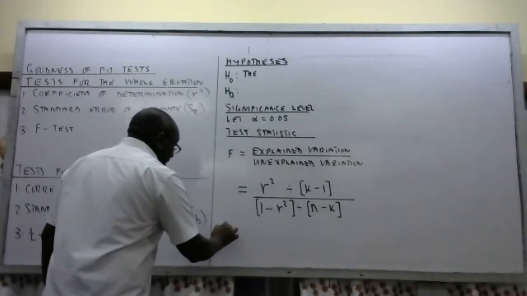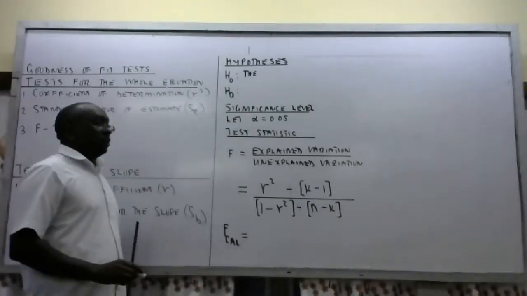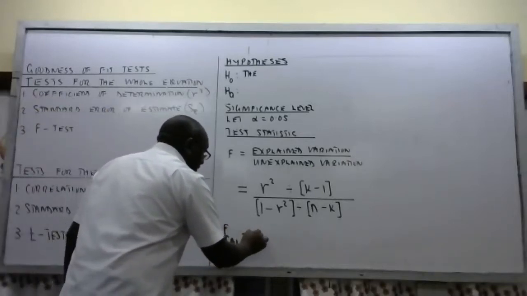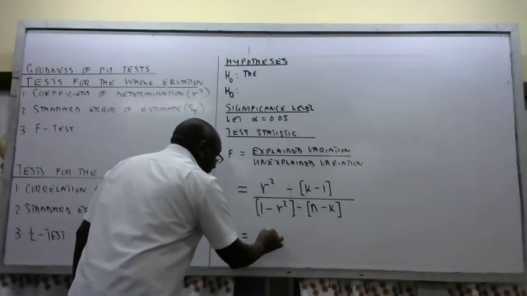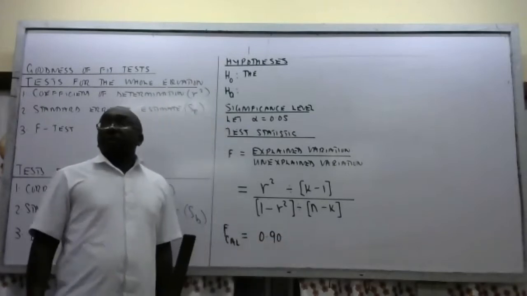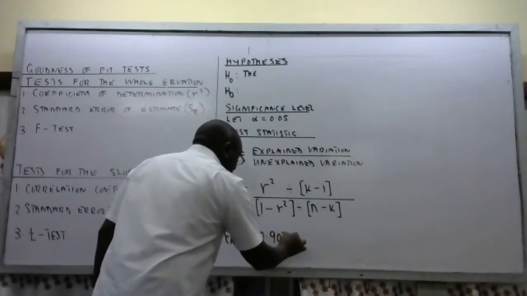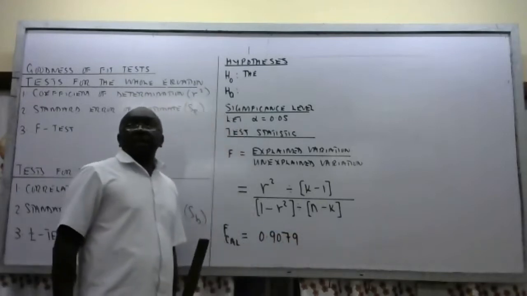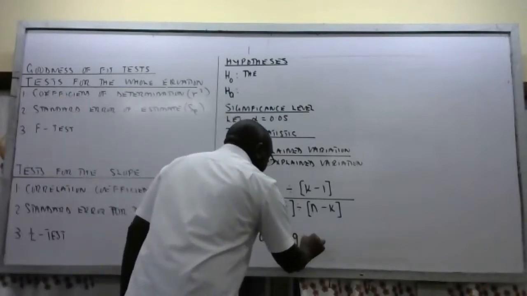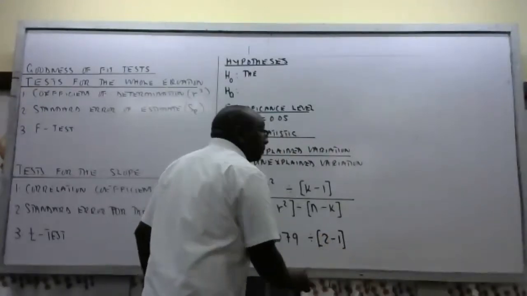Then F calculated. F calculated, we now substitute. Kumbushe tulipata, was it 90.67 R squared? 0.79. Yeah. So then our R squared is 0.9079. That is what we had gotten. Now this one is supposed to be divided first of all by 2 minus 1.